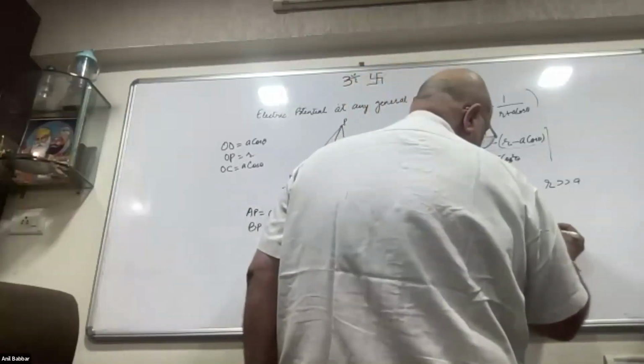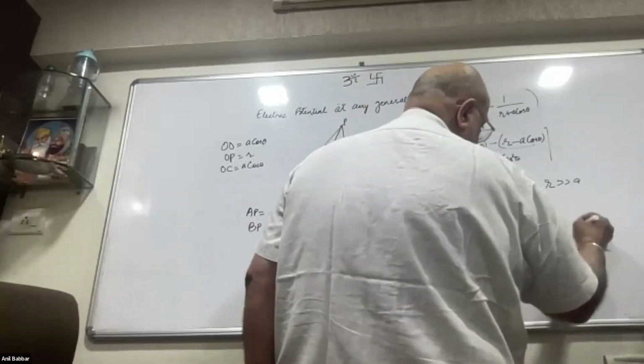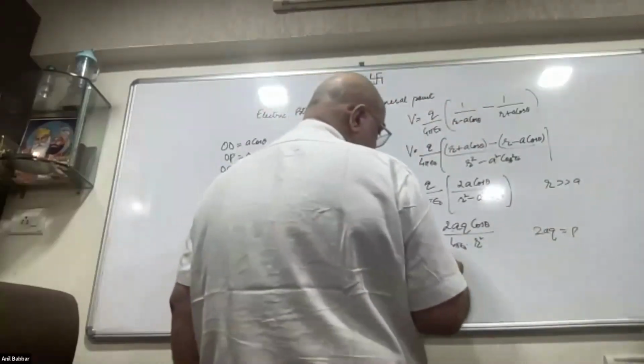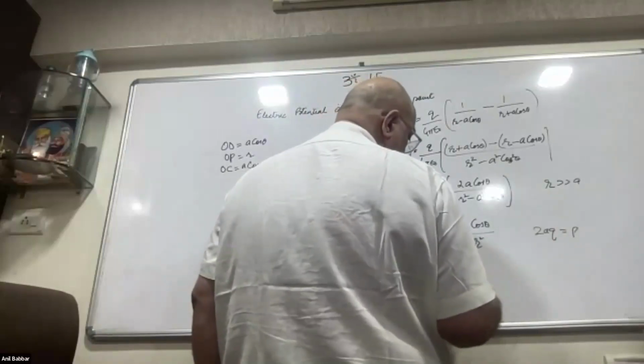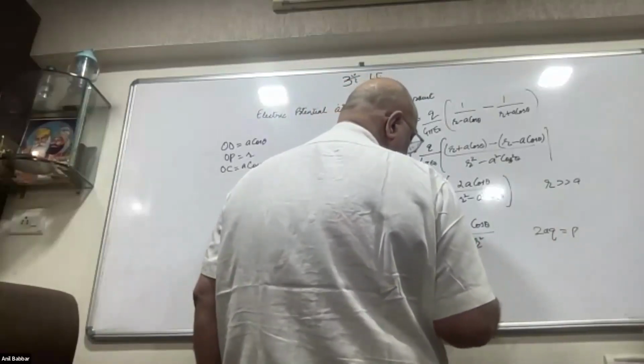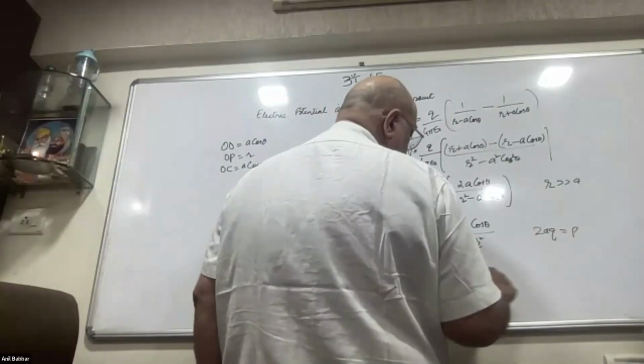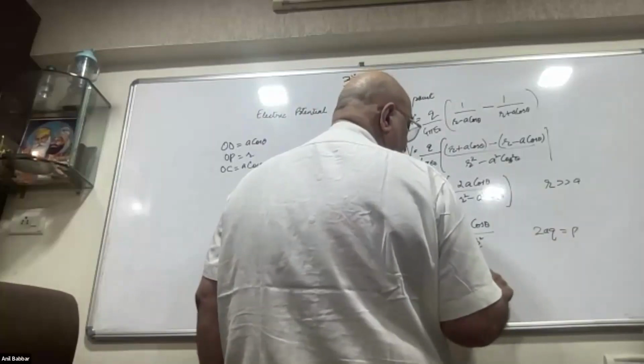Now let's replace 2AQ by P, which is dipole moment. We have V is equal to P cos theta, 1 by 4 pi epsilon naught upon R square.